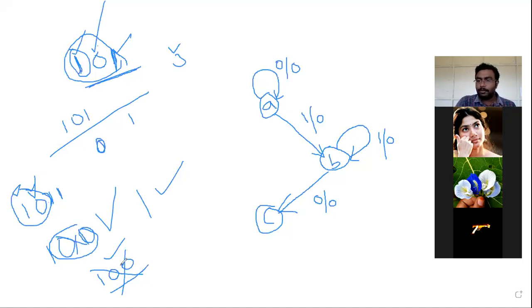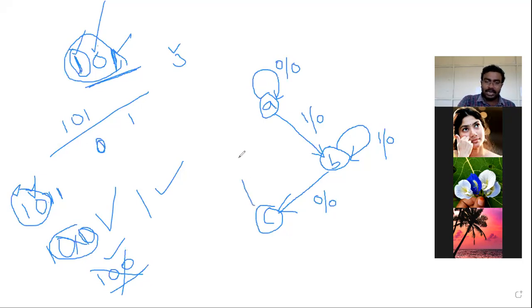Now, if you want to find 101 again in the next 3 bits, how many states do we need for that? For finding 101, how many states do we need, students? 3 states are needed. That's why, if I am finding 0 in state C, I will go to state A now.